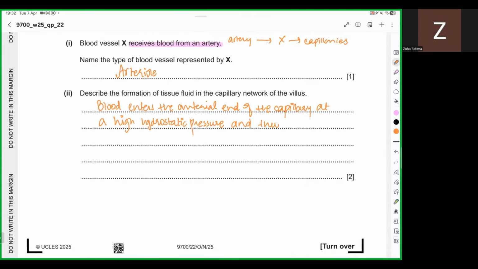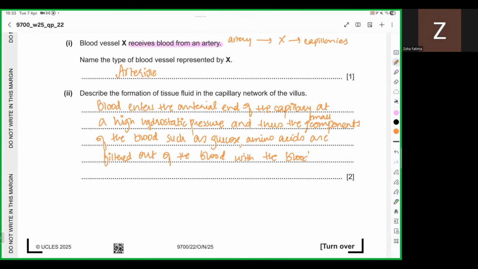and thus the small components of the blood, such as glucose and amino acids, are filtered out of the blood with the blood plasma through the fenestrations.